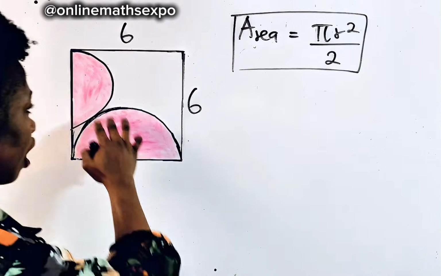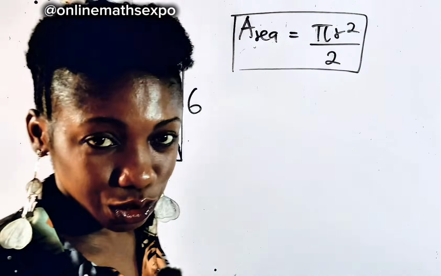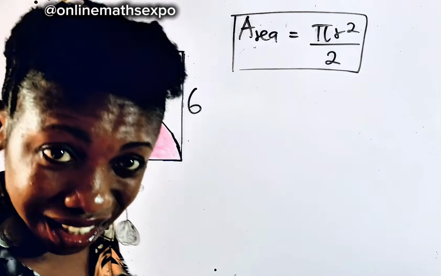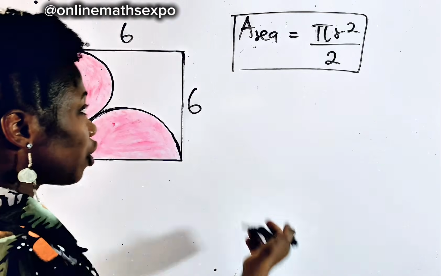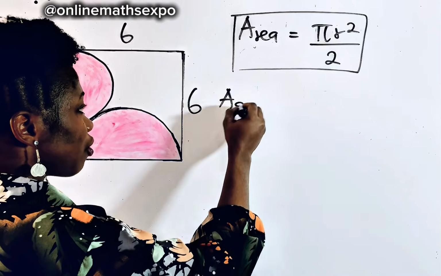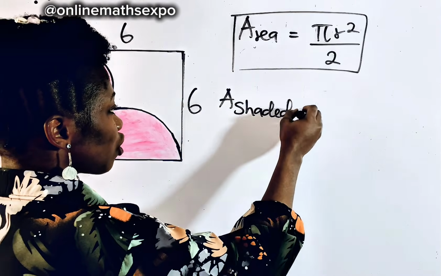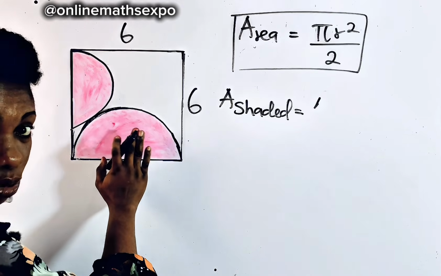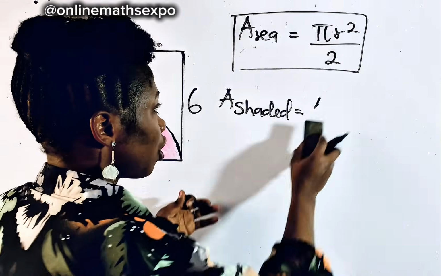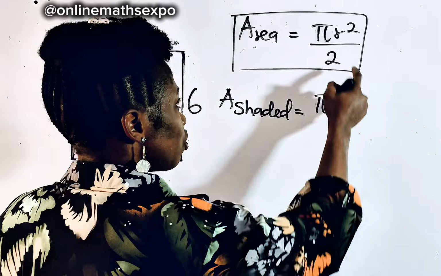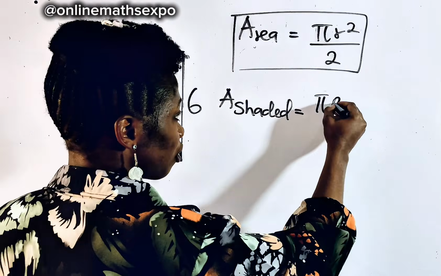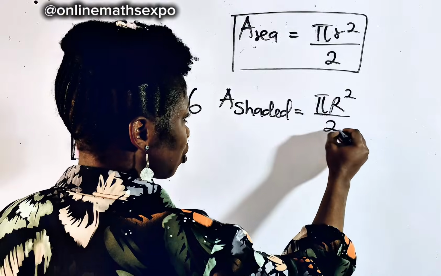Now, since these are two unequal half circles, you observe that the radii are not going to be the same. So the area of the shaded part is going to be the area of the big half circle. Let's use capital R for the big half circle, so it's going to be pi R squared divided by 2.